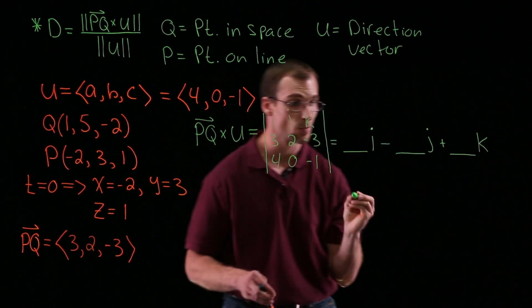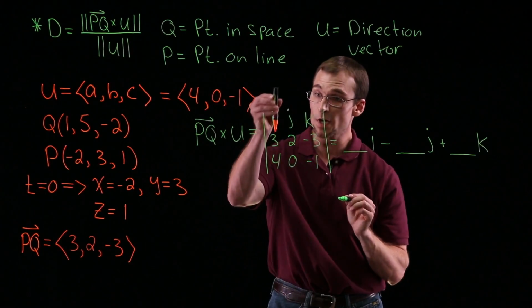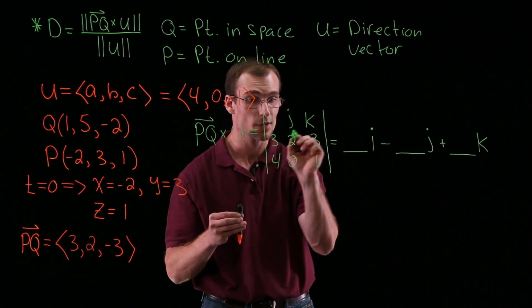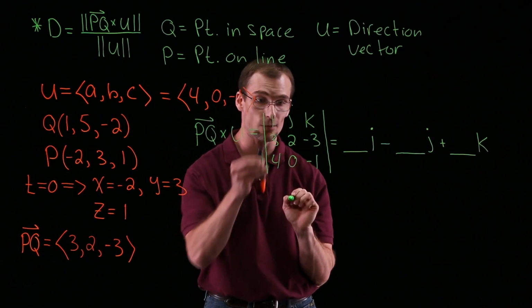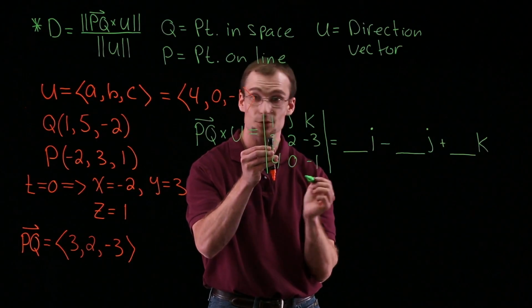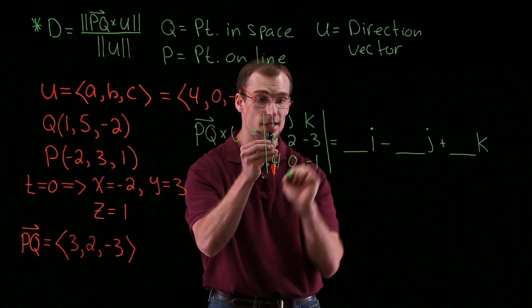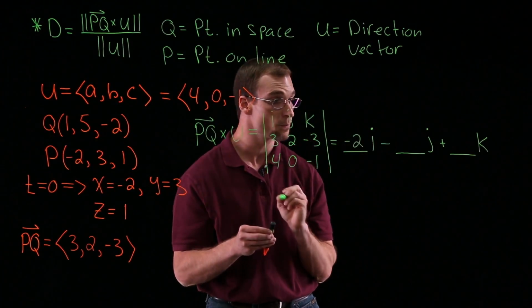Starting with i, we cover up the i column and take the determinant of the remaining 2 by 2 matrix: 2 times -1 minus 0 times -3 leaves us with -2.